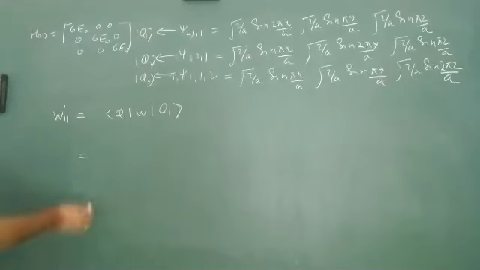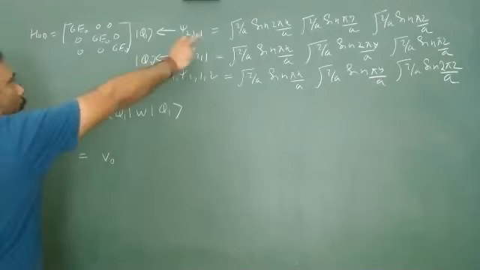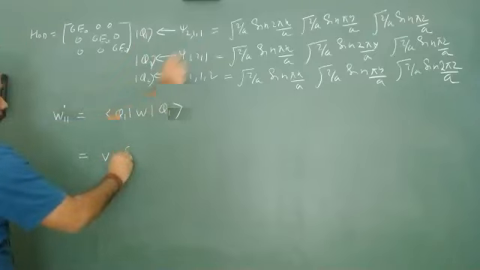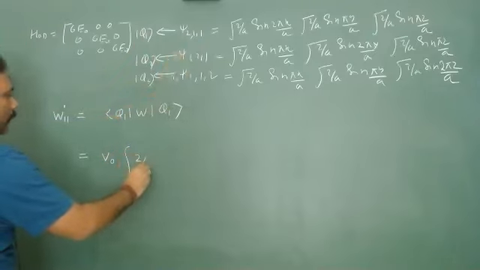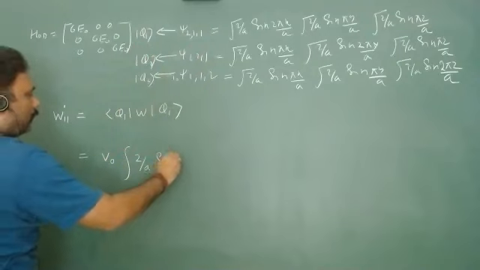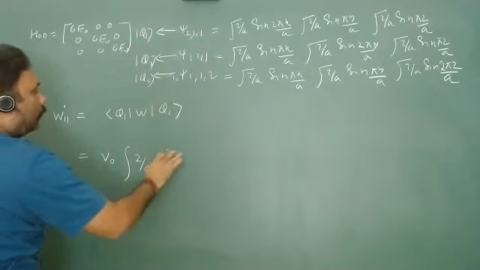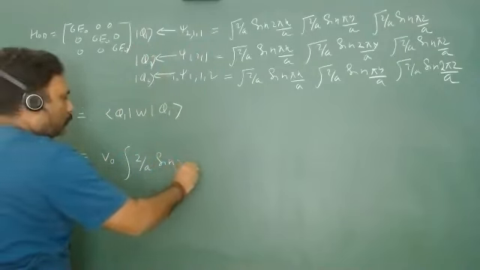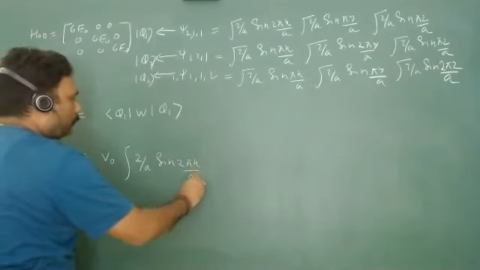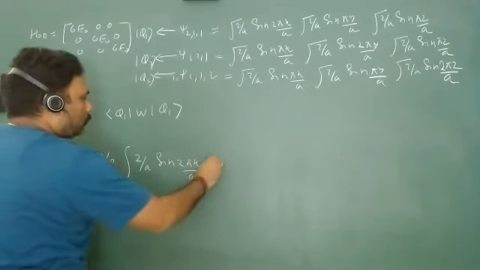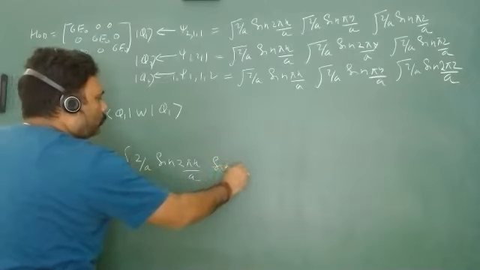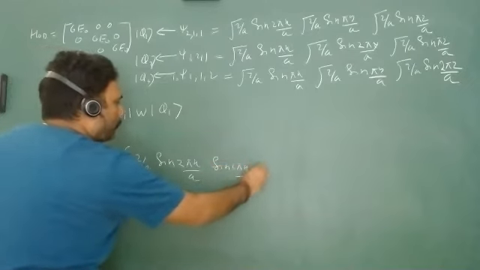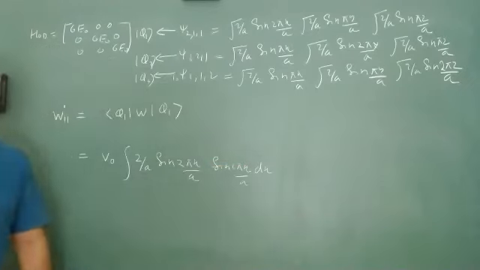What will be the first term? V naught phi 1 phi 1. So you will take phi 1 here: 2 by a sine square 2 pi x upon a, that is, sine 2 pi x upon a sine 2 pi x upon a dx.